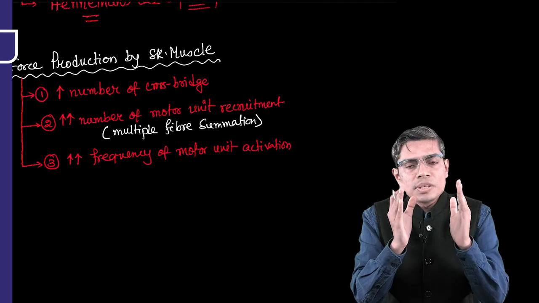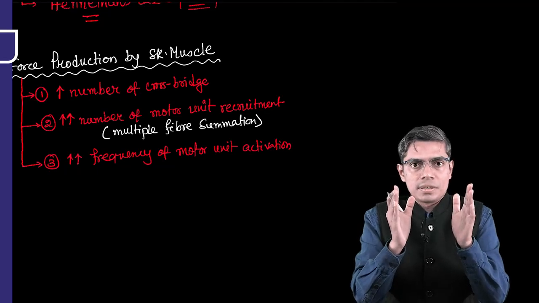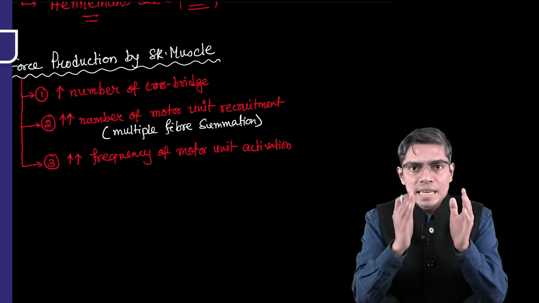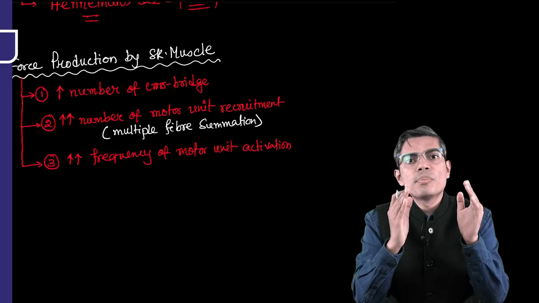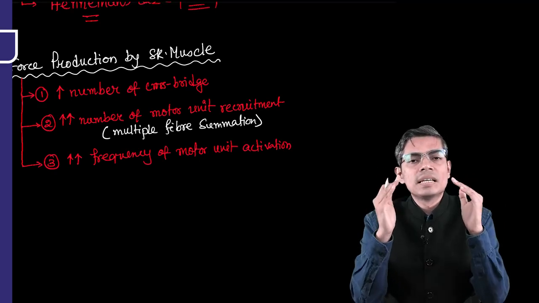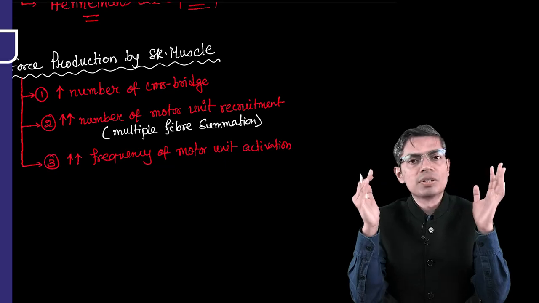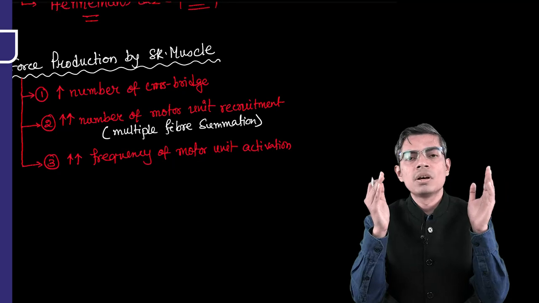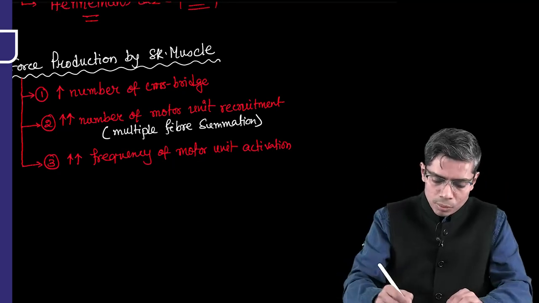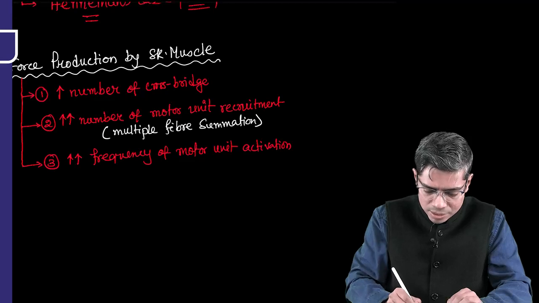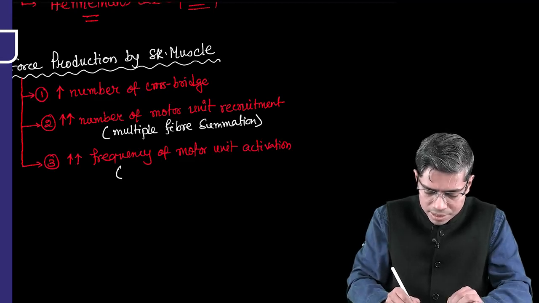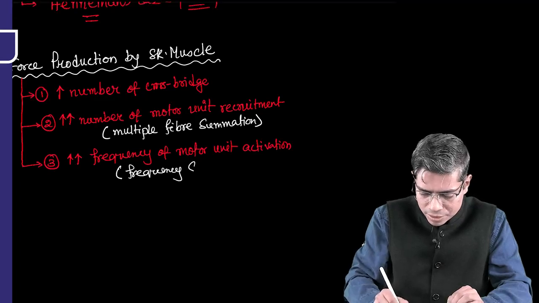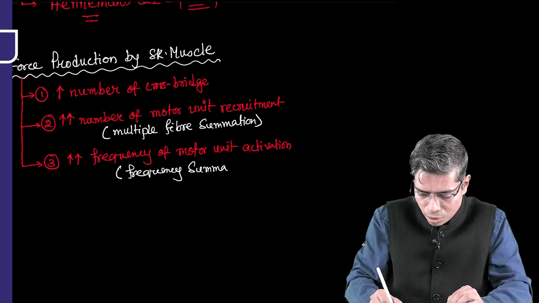Meaning, if you stimulate only one motor unit, and now you are stimulating that motor unit with a higher frequency, meaning again and again you are stimulating the same motor unit, that is the meaning of increased frequency of motor unit activation. What is going to happen? One thing will happen, that is known as frequency summation. So this is known as the frequency summation principle of motor unit.